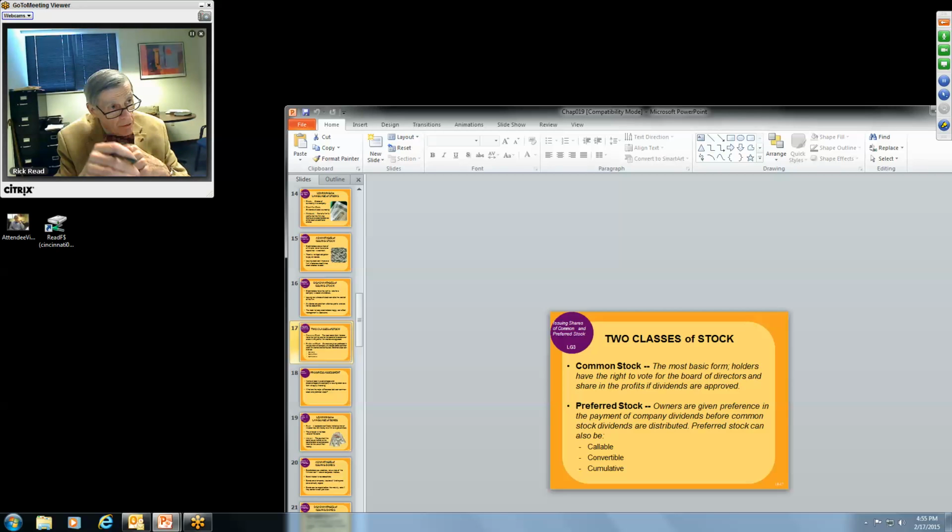The preferred stockholders are a little bit different. They have preference, that's what the name means, of payment of company dividends before the common stock folks do. And then preferred stock can be callable, convertible, or cumulative, which are all advantages to those folks, but they do not have a right to vote.